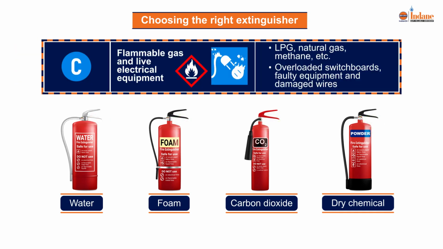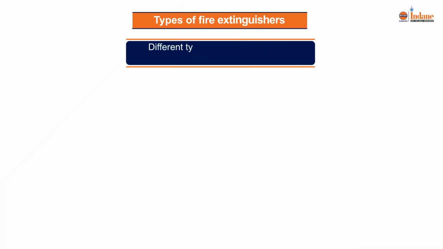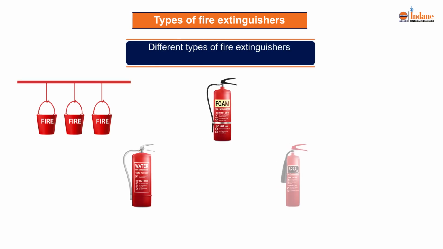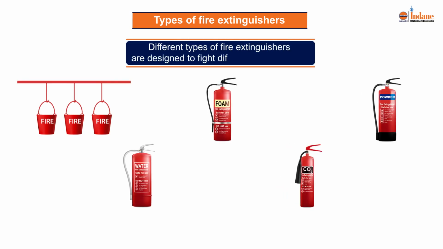For Class C type of fires, use carbon dioxide and dry chemical type of fire extinguisher and not water or foam type. Different types of fire extinguishers are designed to fight different classes of fire. Each type has a label telling which type of fire it can extinguish.